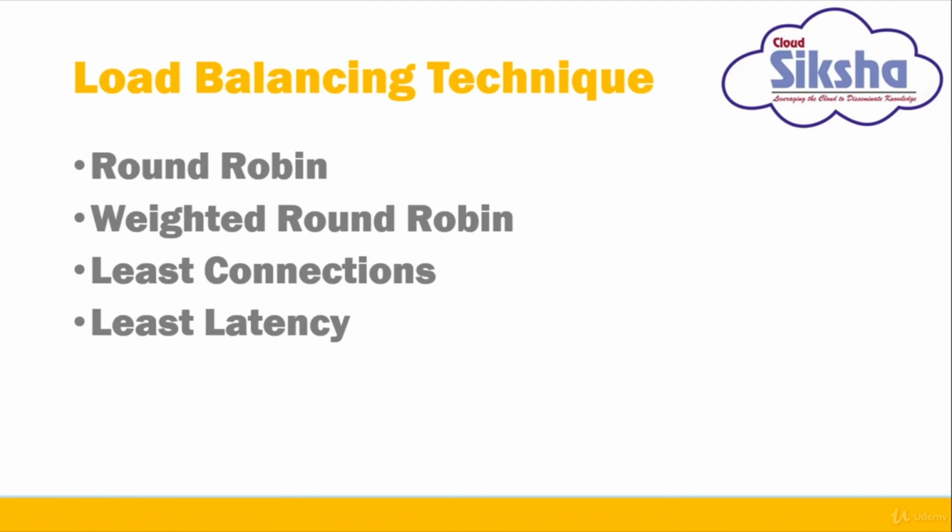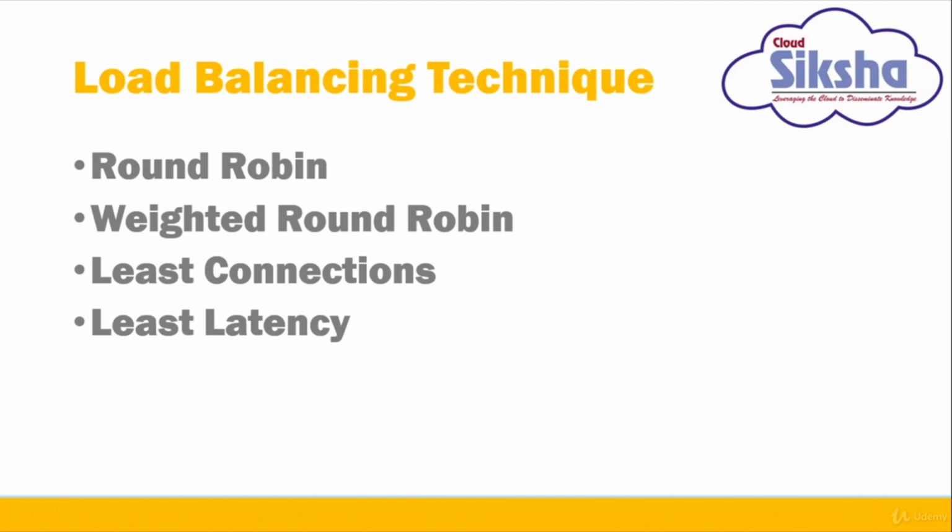Weighted round robin means some instances attached to the load balancer will get more requests than the other instances. Suppose you have 3 instances and one of the instances is a very powerful instance. So you would say to the load balancer that I would use a weighted round robin technique here, wherein the first 2 requests go to the powerful machine, then the next 2 go 1 each to the second and third machine.